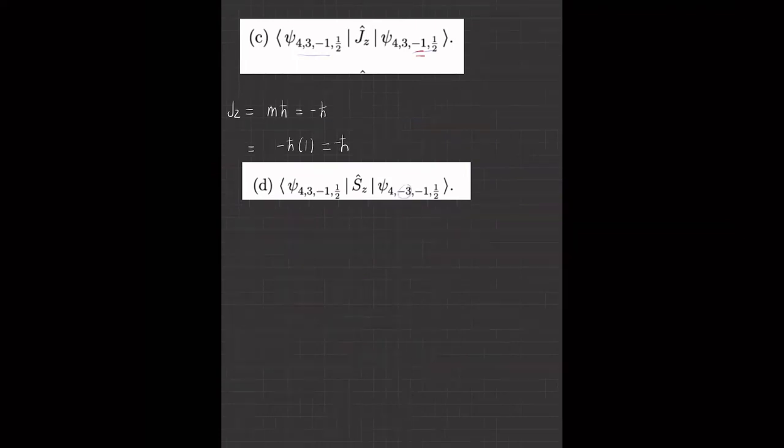I forgot to mention the spin operator, which operates onto this to get the spin. It's in the same equation, so you just use JZ, and this is equal to m_s, the spin quantum number, times h bar. The spin here is 1/2, so this is h bar over 2.